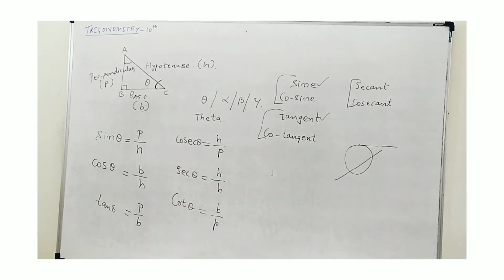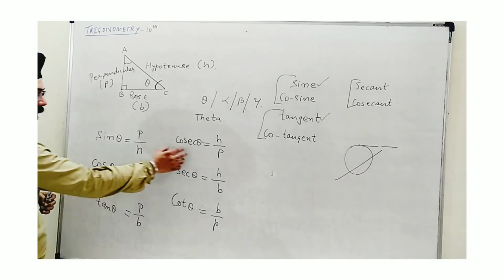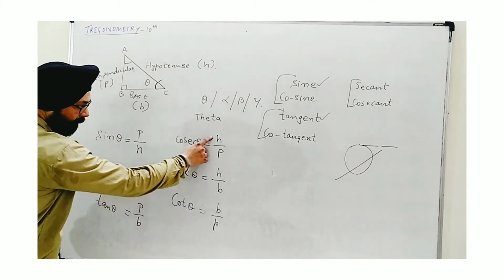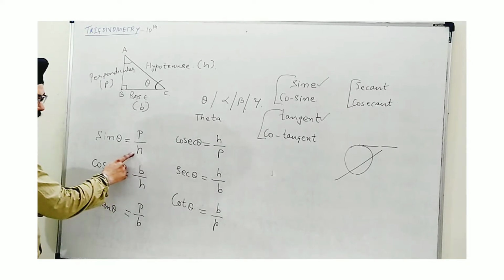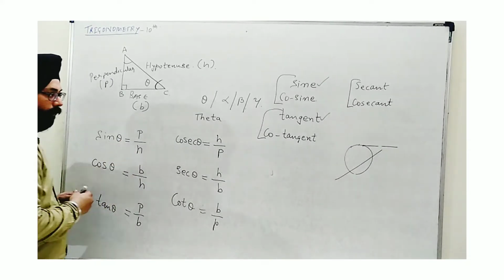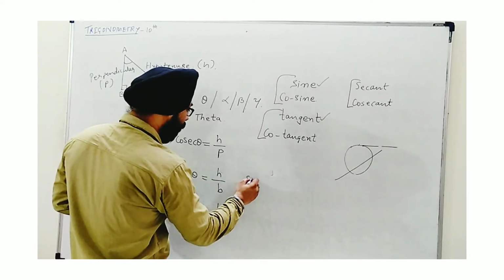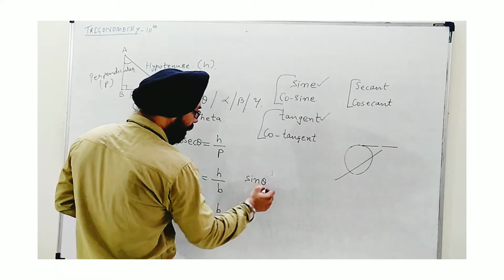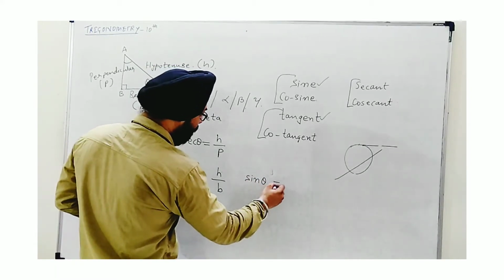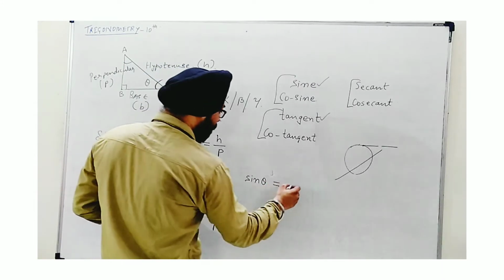Now an observation. In the beginning I said this is cosec theta. As I see, it is h upon p, the inverse of p upon h. So we see that sin theta and cosec theta are reciprocal.